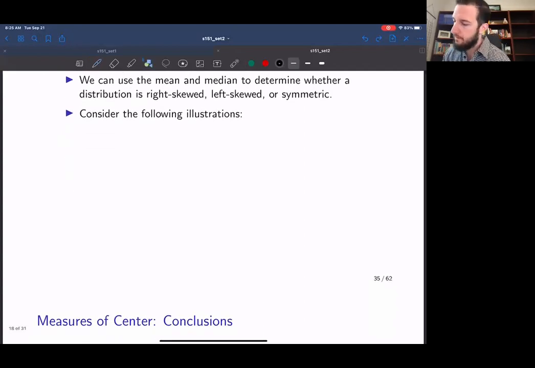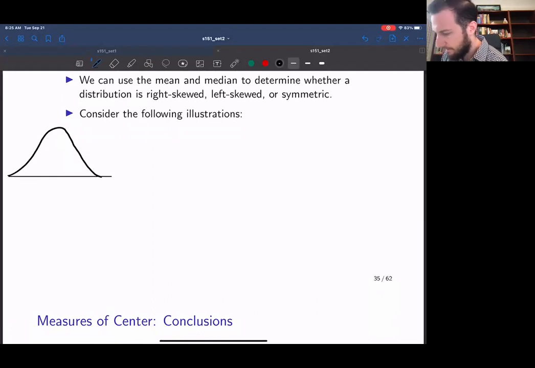Okay, so in each of the different situations, say we start off with the bell curve. So this is the middle. When we have a symmetric unimodal shape, both the mean and the median lie right at the center. So if we draw a vertical line here, these 2 lines are going to be right on top of each other.